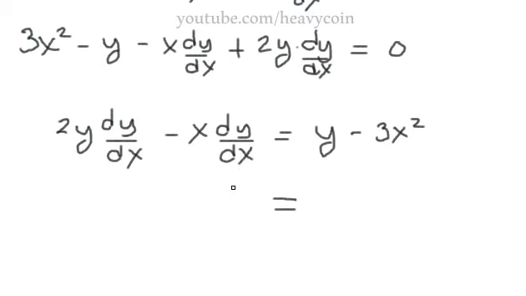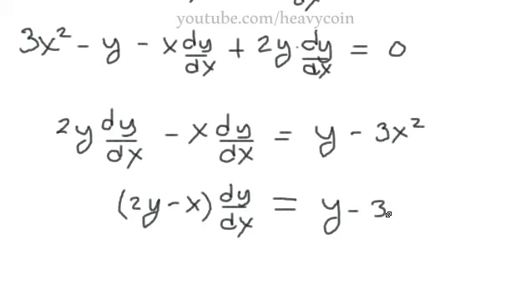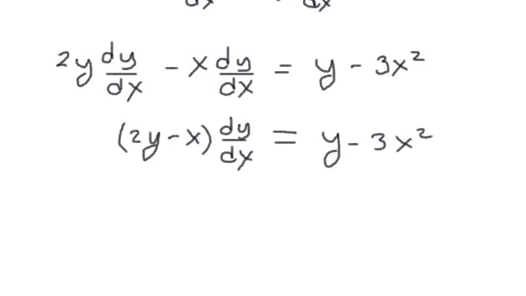Alright, now I'm going to factor out this dy over dx. So we factor that out, and I've got 2y minus x now is equal to y minus 3x squared, so hopefully you're catching on now to the pattern.